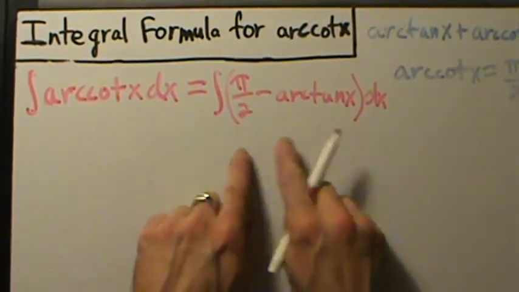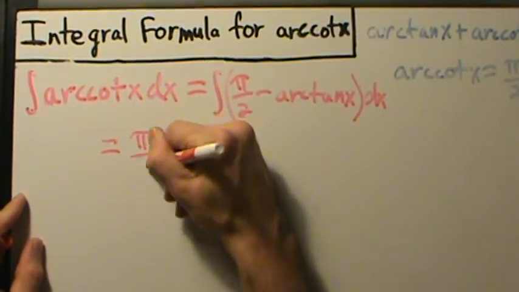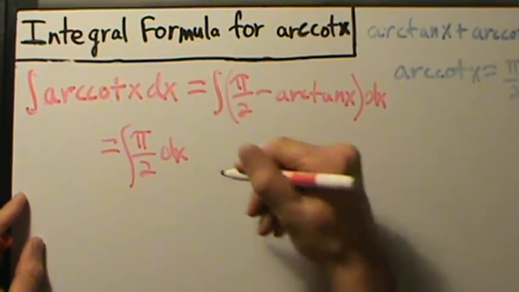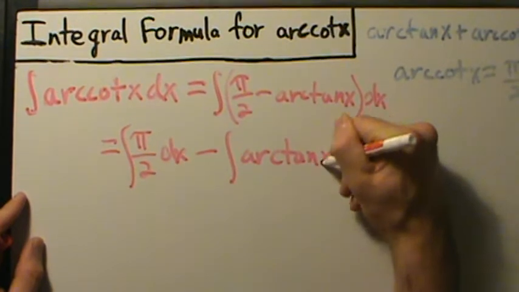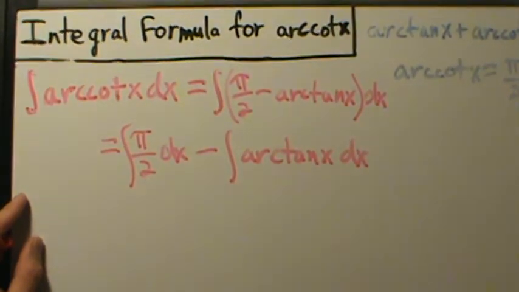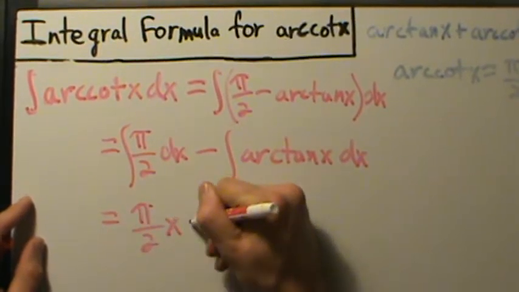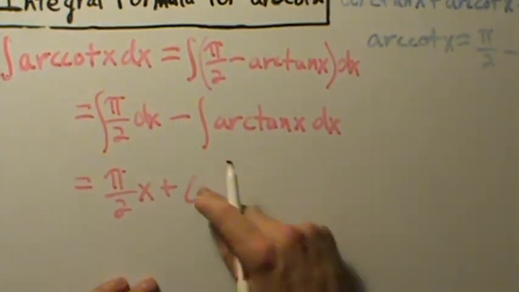Now we can split this up into two integrals: the integral of pi over 2 dx minus the integral of arctan of x dx. If we integrate pi over 2, we just get pi over 2 x plus some arbitrary constant, let's just call it c.